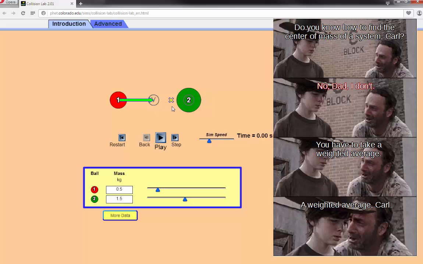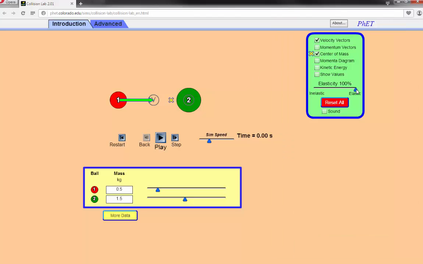We'll look later at how to actually determine where the center of mass is. And then another thing that I'm going to do is put elasticity at 100%. That means energy will be conserved. So let's go ahead and see what happens here.